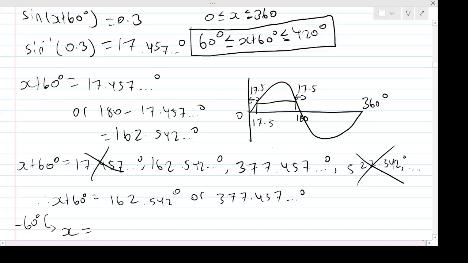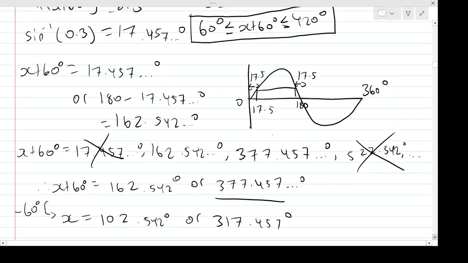So firstly, 162.542, take away 60, I get 102.542, or, for this next solution, 377.457 minus 60, I get 317.457, and there we are.